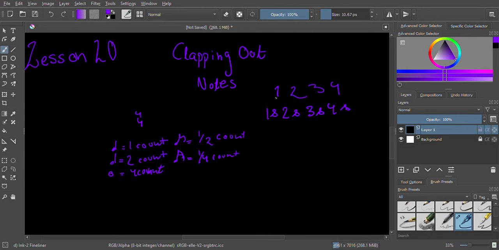And I can count it with 1 and 2 and 3 and 4 and 1 and 2, 1 and 2 and 3 and 4 and 1. But that's difficult to conceptualize when you're starting out. The way you do it is you think of two 16th notes being in one piece.